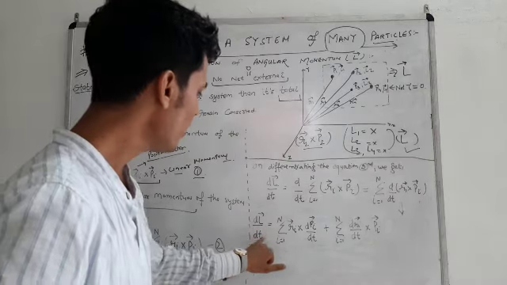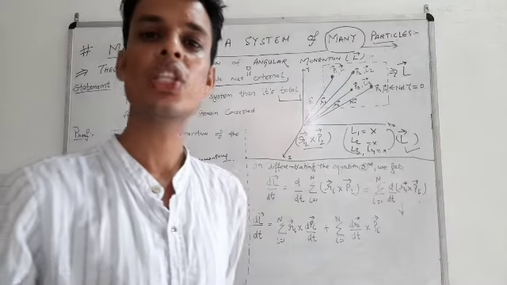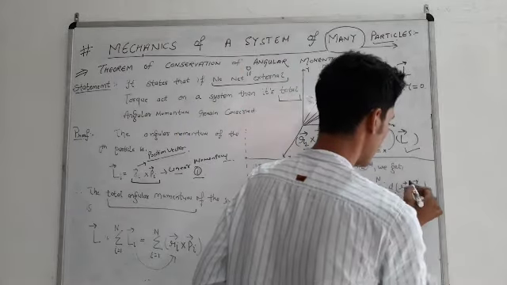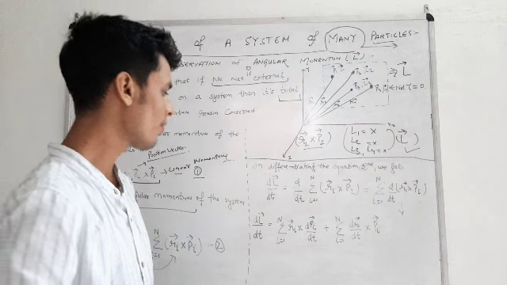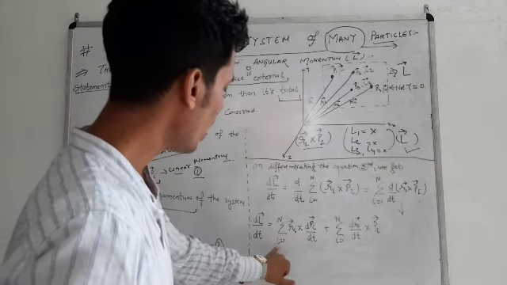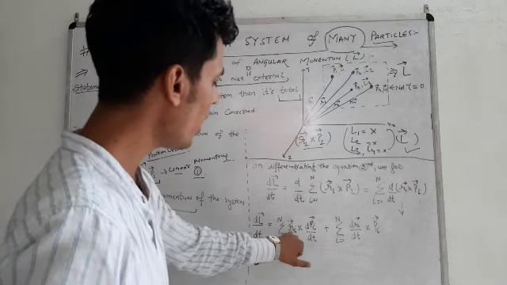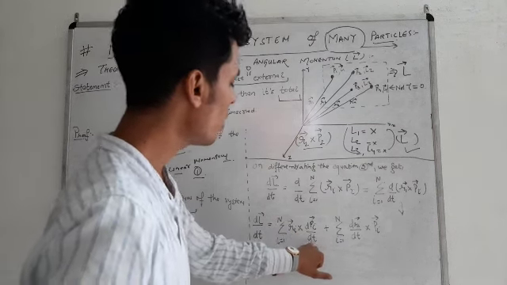So dL by dt is equal to, one time we differentiate Ri and the second time we differentiate Pi. Applying the product rule, we get the summation i equal to 1 to n of Ri cross dPi by dt.